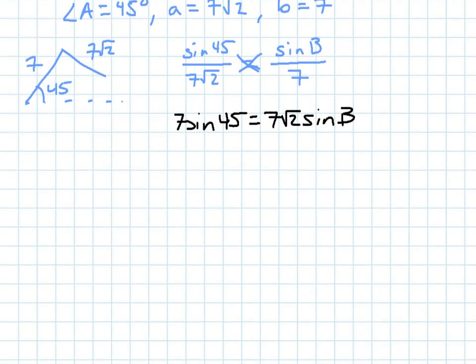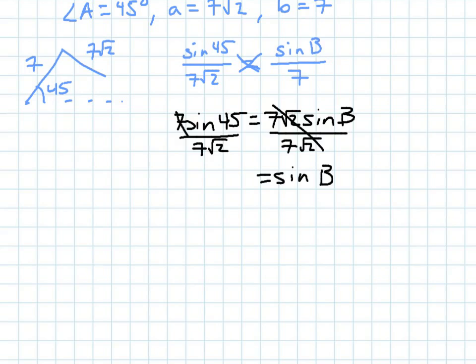So in this case, I'll need to divide both sides by 7 square root of 2. Okay. So that leaves me with sine of B on one side. The 7's cross out on the left, so I'm left with sine of 45 over square root of 2. Remember that sine of 45 is the square root of 2 over 2.